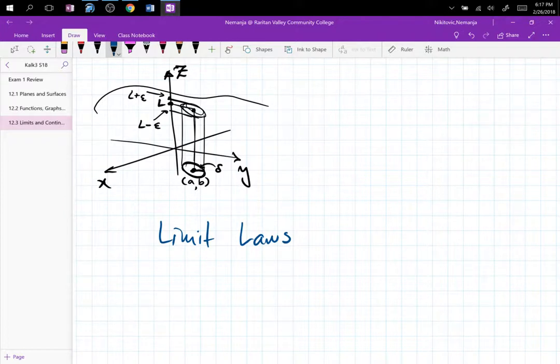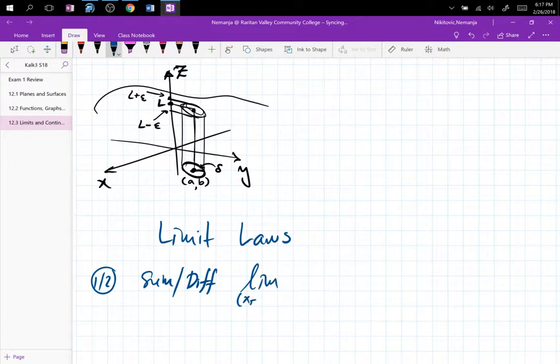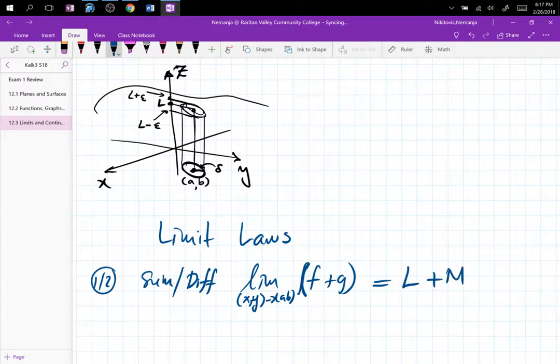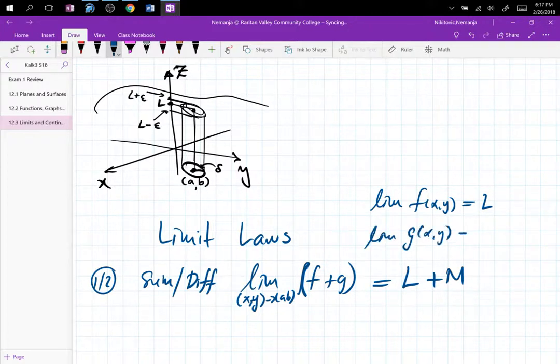Again, you have the sum and difference law, which says that the limit as xy goes to a, b of two functions, I'm just going to call them f plus g, is going to be L plus m. So let me define this. We have the limit of f of xy giving you L, and the limit of g of xy giving you m. These are both xy going to a, b.